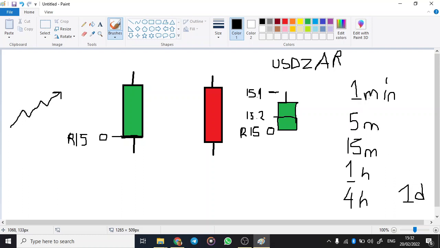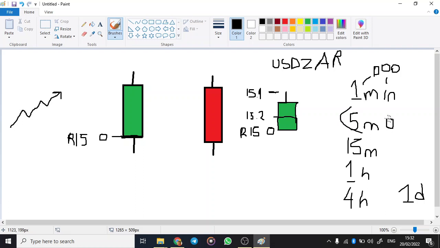But for 1 minute, it means that every minute we get a candlestick that shows price movement, meaning at this minute we have a candlestick that will form, and after 60 seconds we'll have another candlestick form, and after another 60 seconds another candlestick will form. For every 5 minutes at this level, we are saying that we are going to count from 1 minute to the 5th minute for one candlestick to form.